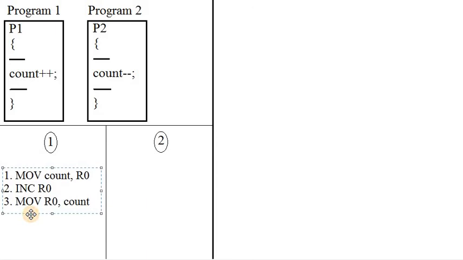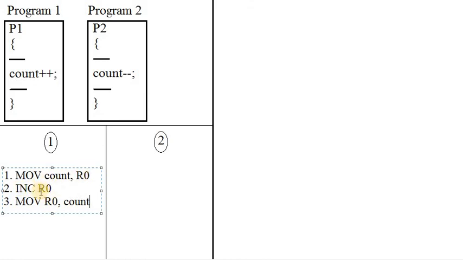In these three instructions, the first instruction is move count comma R naught. Move is a mnemonic to copy the value of the count variable to the special purpose register called R0. So the value of count will be moved to R0, then increment R0.